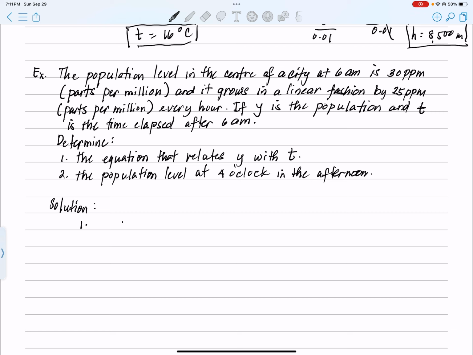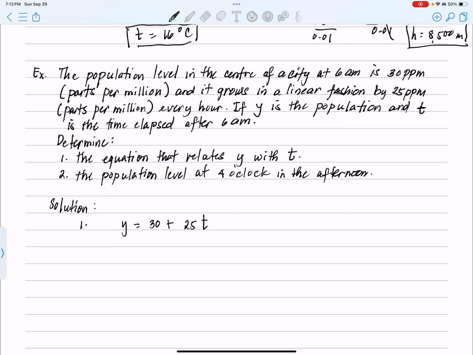At the start it has 30 ppm, but each hour it increases by 25 ppm. So that means we have 30 as the base, and then it grows by 25 each hour, 25 times t. That would be the equation.